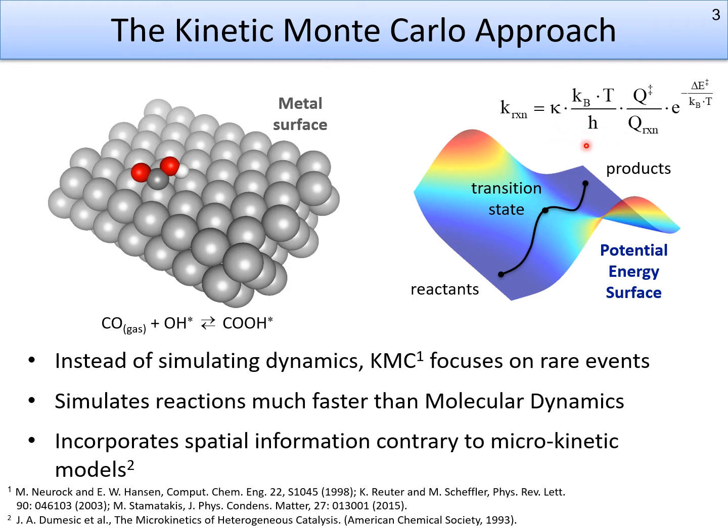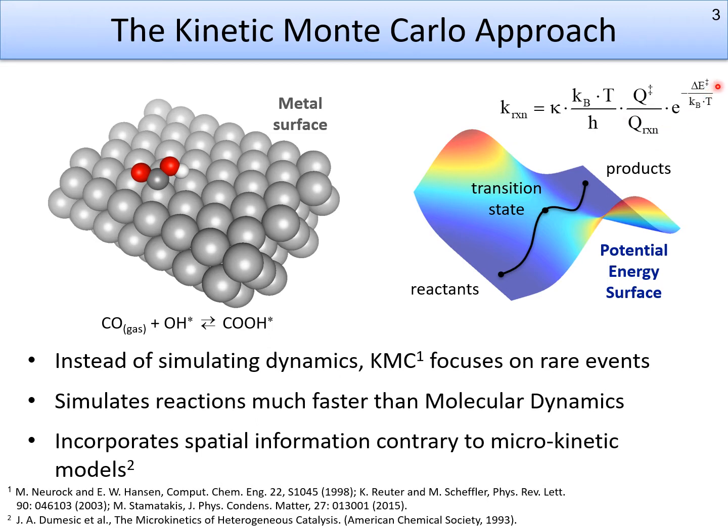So the point here is that all of these terms here are either constants, like kB, the Boltzmann constant, h, the Planck's constant, the temperature here, etc. So they're either constants or can be calculated from a density functional theory, or in any case, any lower level calculation. So these are quasi-partition functions for the transition state and the reactants.